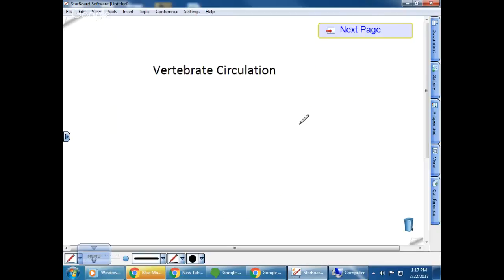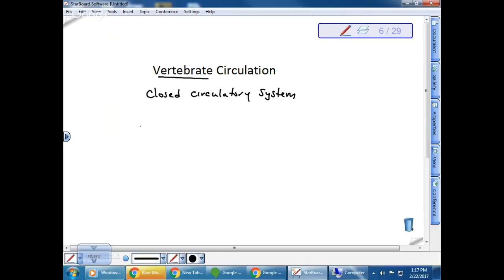Okay. So let's talk about vertebrate circulation. So we have a closed circulatory system. When we look at the other vertebrates, fish, for example, have a two-chambered heart.